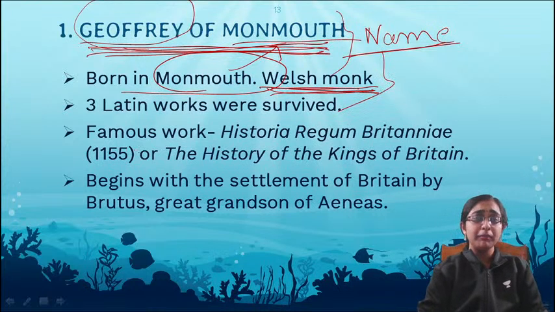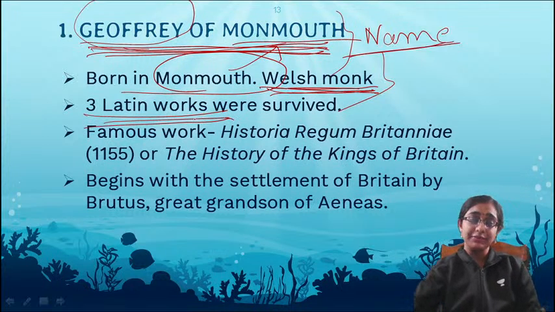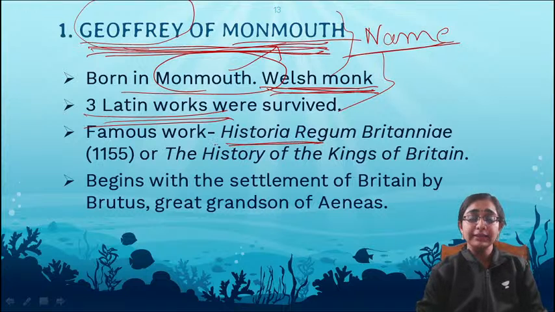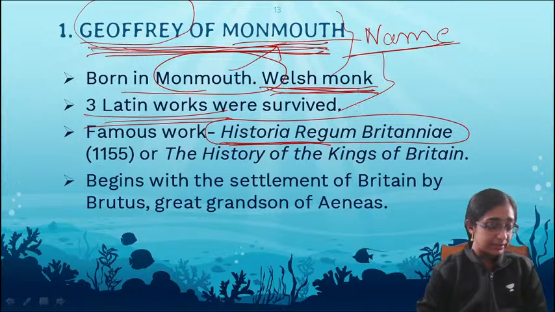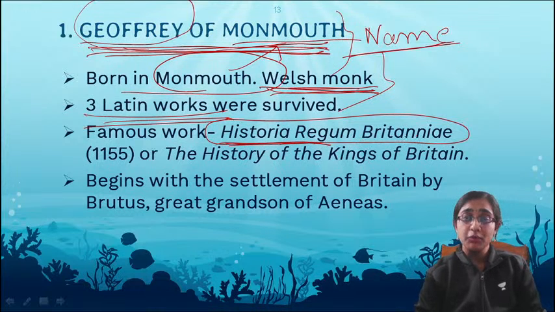Geoffrey of Monmouth wrote 3 Latin works in his lifetime. So what are the 3 Latin works? Among them, only one work is very important, that is Historia Regum Britanniae. I know the pronunciation is very complex because it's a Latin name. What does it mean?